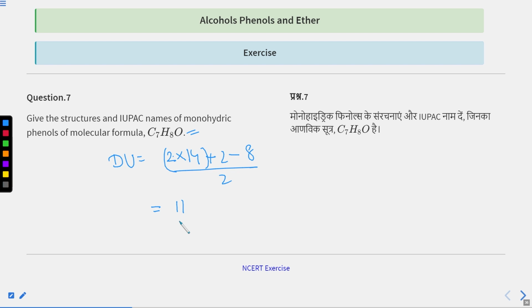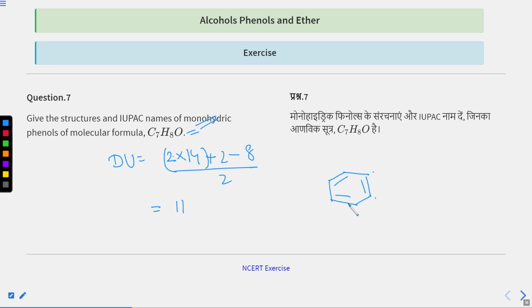Clear? Again, let us see. So 2 into 7, 14, right? 14 plus 2, 28 plus 2, 30. 30 minus 8, 22. 22 by 2, 11. So since it is a phenol, of course, it will have a ring. It is given as a monohydric phenol. Next thing we have is double bonds. So how many double bonds are there? 3 double bonds. 1, 2, 3, 4, 5, 6.